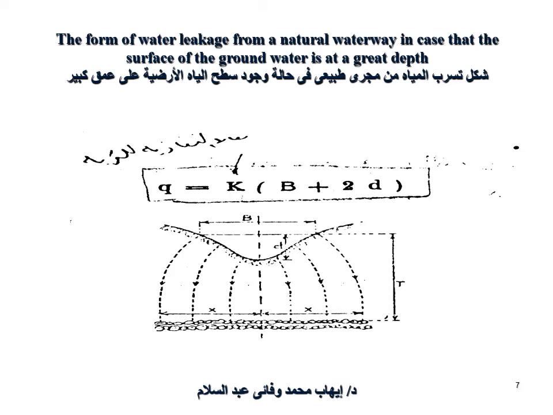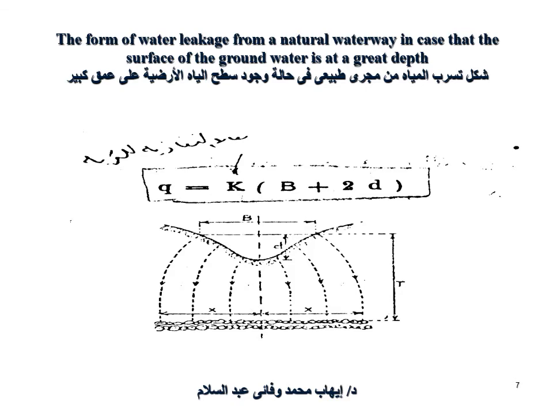This is the form of water leakage from a natural waterway in the case where the surface of the groundwater is at great depths. K is the coefficient of permeability of the soil.